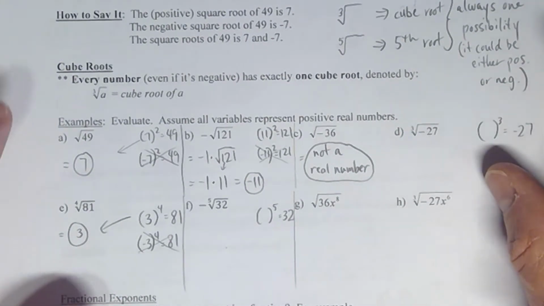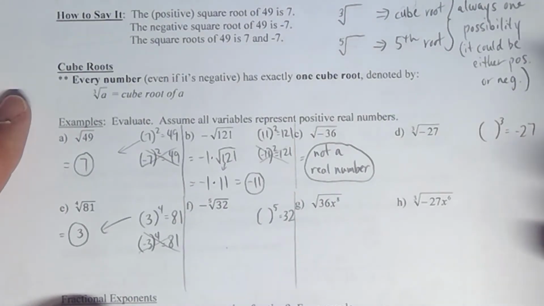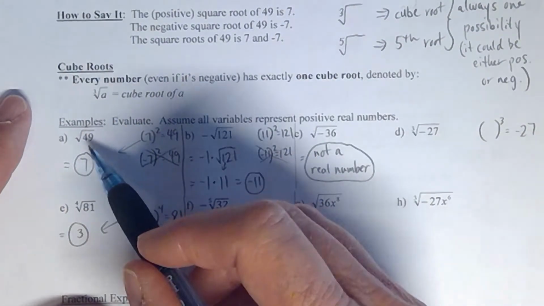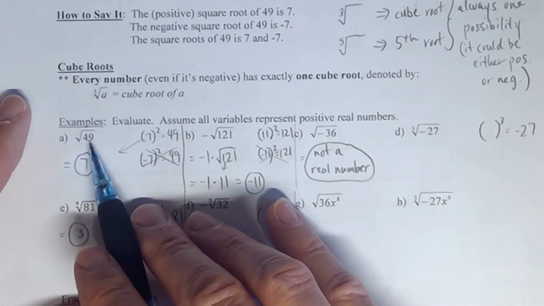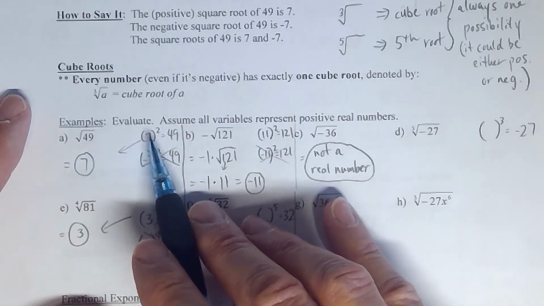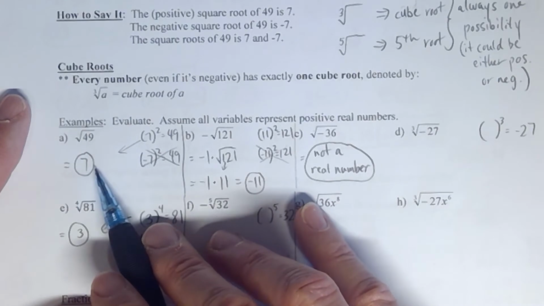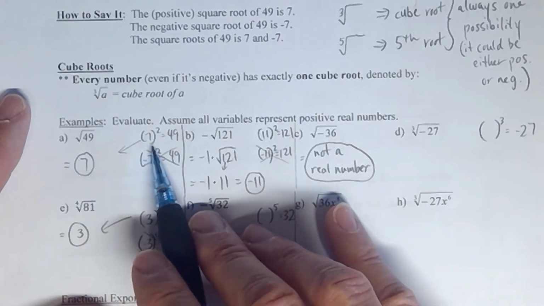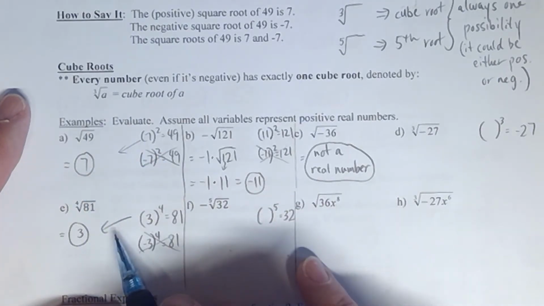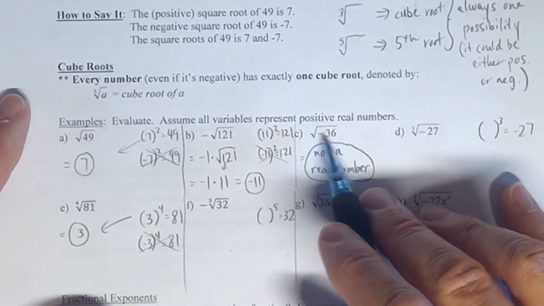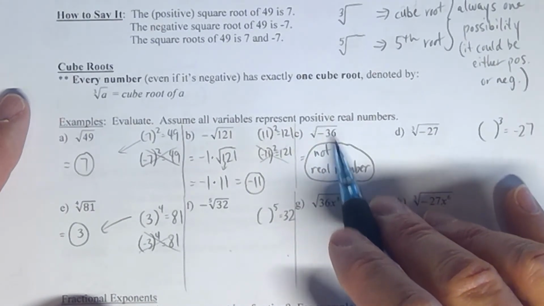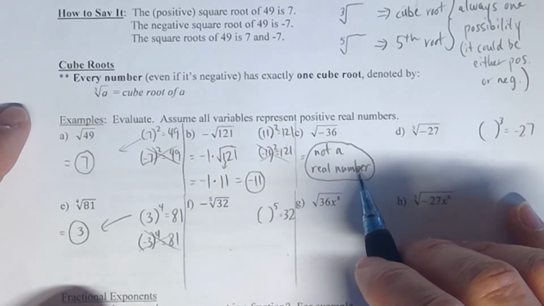So to review with even-rooted radicals, if you have anything other than a negative number underneath, a positive number or zero, you're going to get the positive answer only. There will be an answer in that case, and it will be a positive answer only. If you have an even-rooted radical with a negative number underneath, then there is no answer.